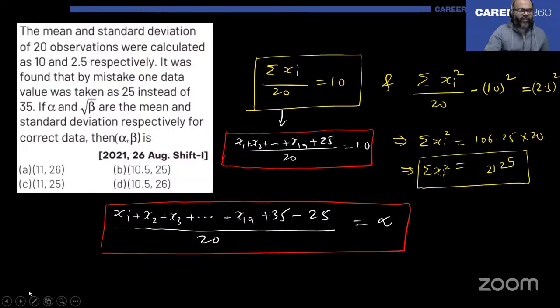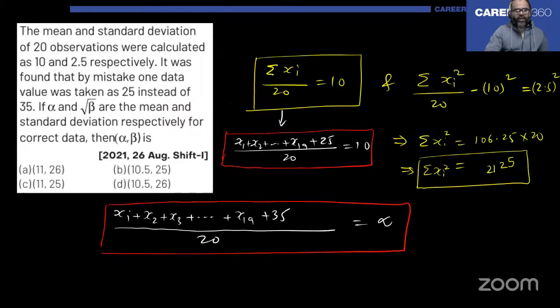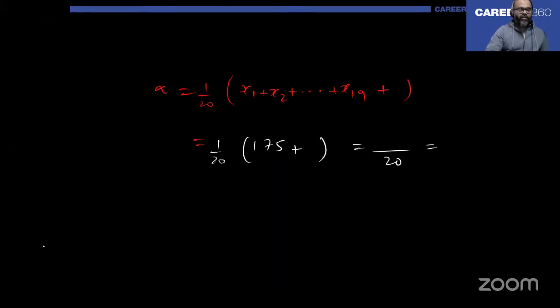Sorry, one small mistake I have done. This is 35, because 25 we have already removed. That is why x20 we are now writing as 35, not 35 minus 25. So it is 175 plus 35, which is 210, divided by 20. So the mean is coming out to be 11.